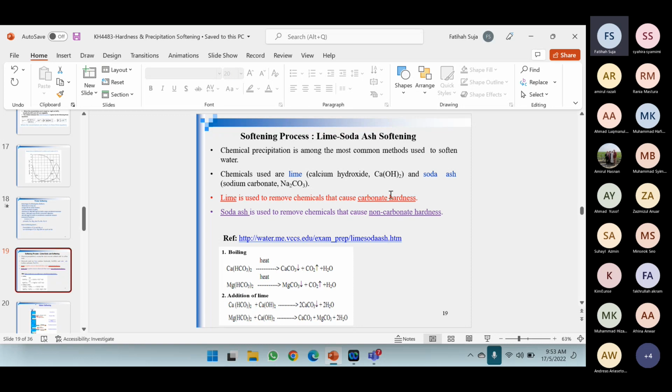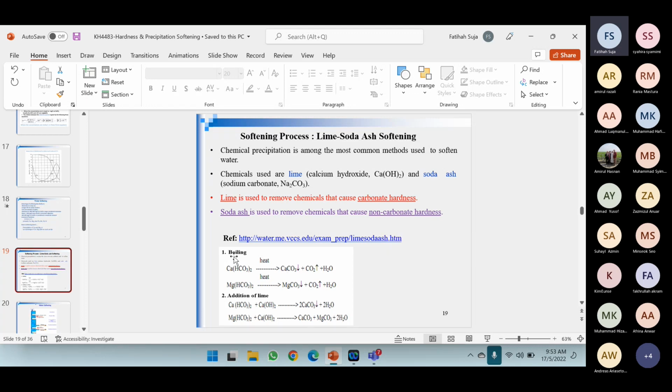But if you determine that your total hardness is more than the carbonate hardness, then you need to use soda ash also, because your water contains non-carbonate hardness as well.